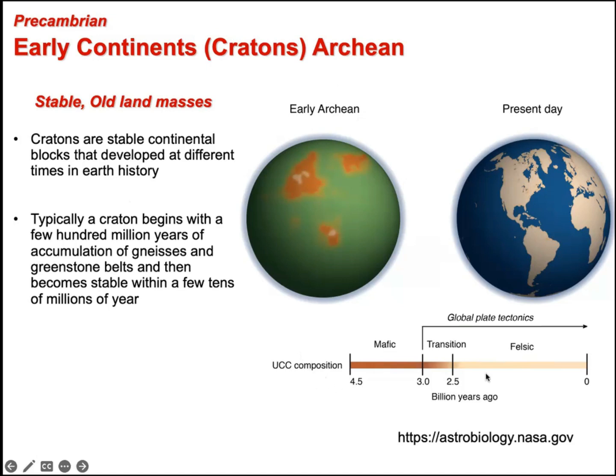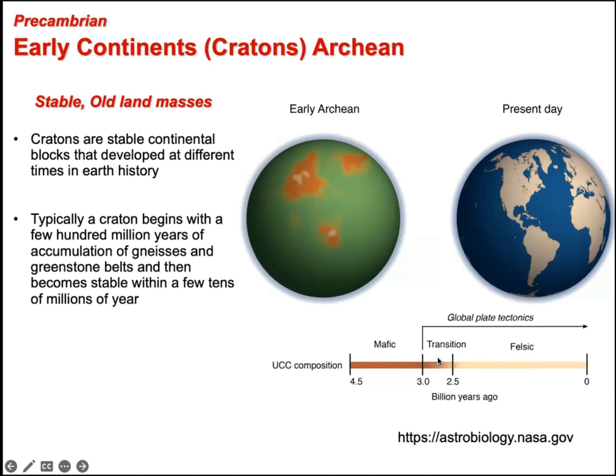So if you see the timeline here, this is 4.5 billion years ago at the time of Earth's formation. This is the upper continental crustal composition I am showing you here, with respect to the age. And you see at very old ages, like 4.5, 3, there was no continental crust, of course, right, during that time. So you don't see any crustal material there.